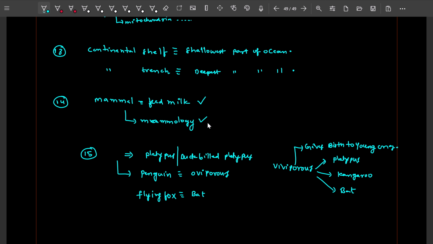So for the example of a mammal, let us say it is the penguin.